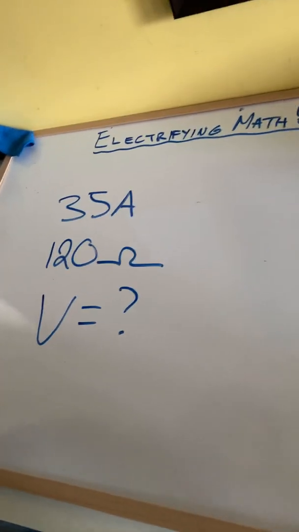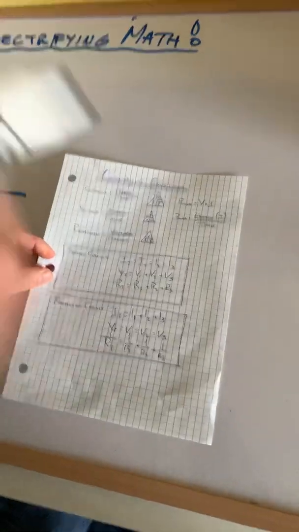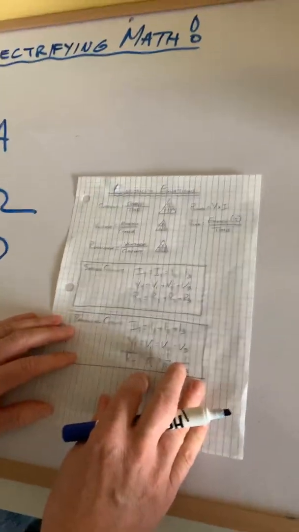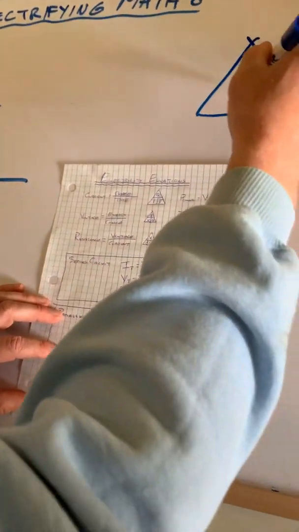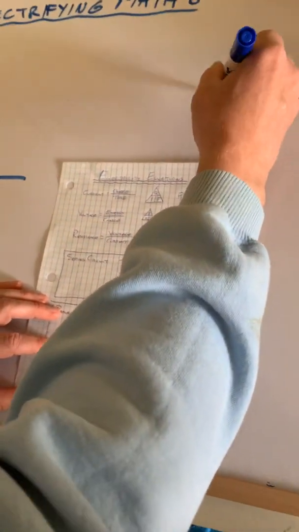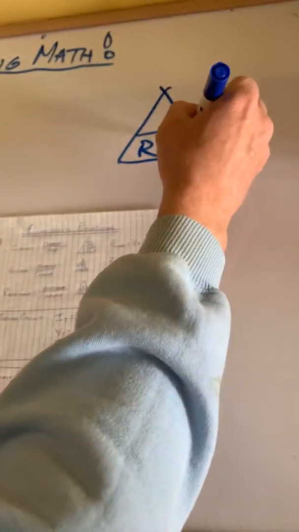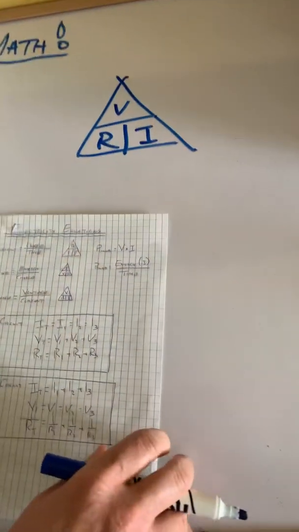Maybe we'll go back real quick. I know I'm skimming over these triangles all the time with you guys. So if we go back to the resistance, voltage, current triangle, just to make sure you guys are kind of thinking like this, even though I just skim over it all the time.